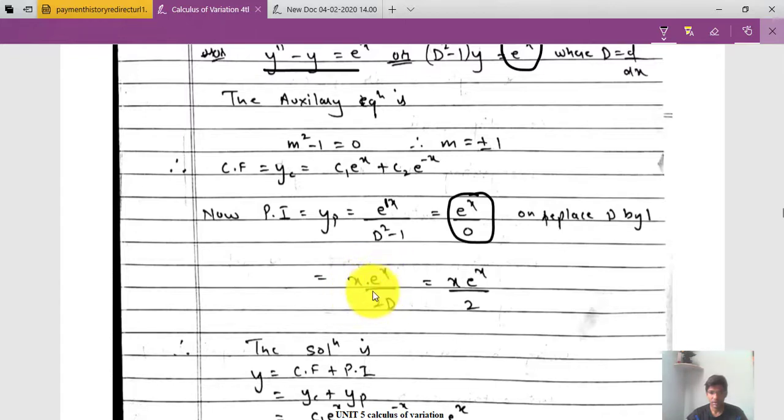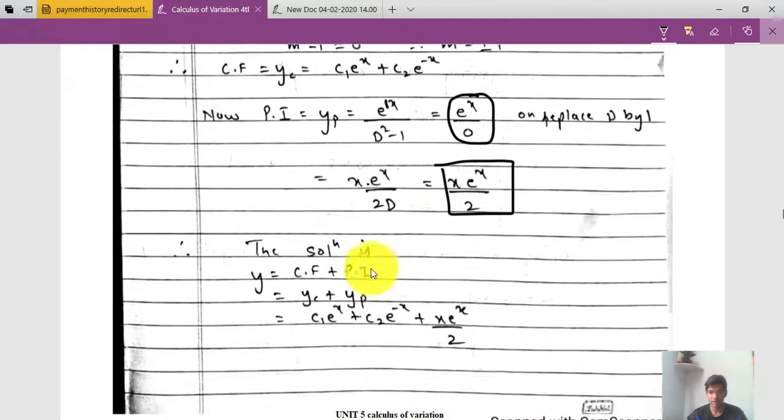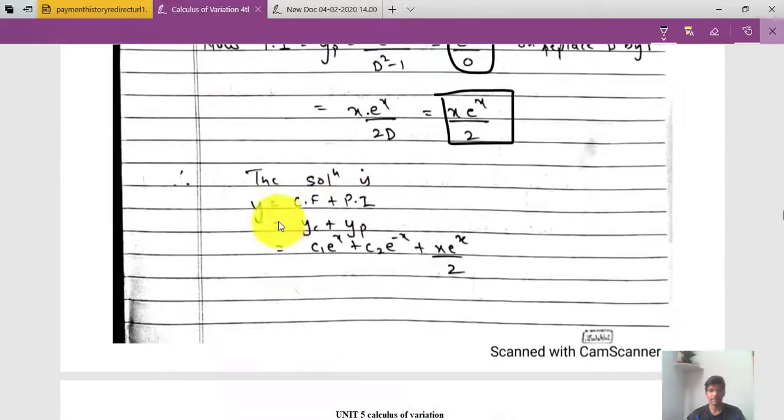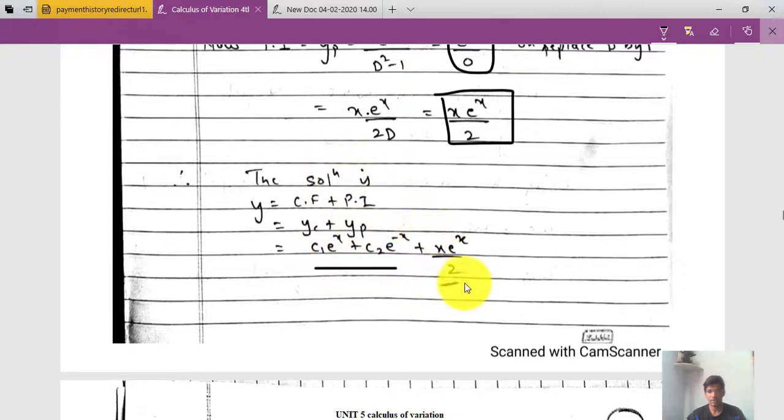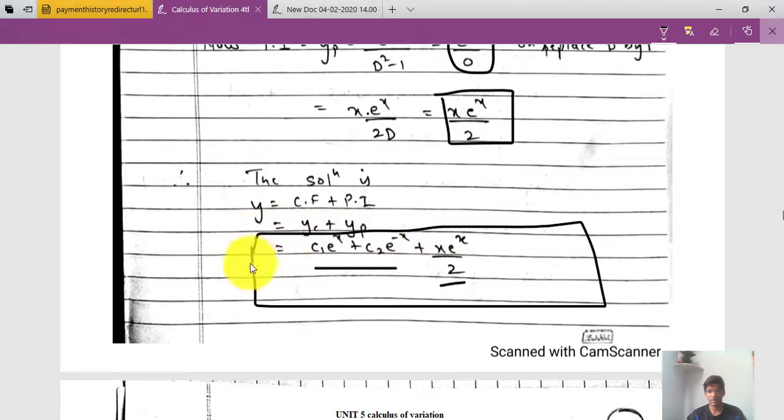So x e raised to x divided by 2d, which is equal to x e raised to x divided by 2. So this is your particular integral. Therefore the complete solution is y equal to CF plus PI, so c1 e raised to x plus c2 e raised to minus x, this is your complementary function, plus the PI. And finally, if you see this, is it not an equation of the type y equal to f of x?